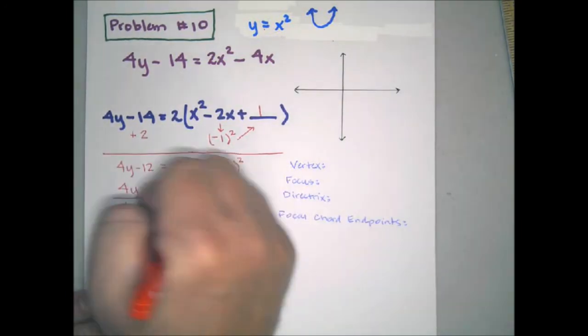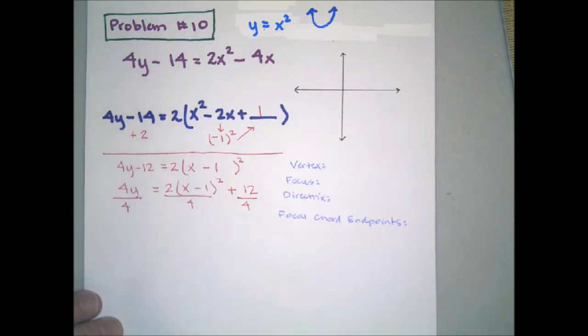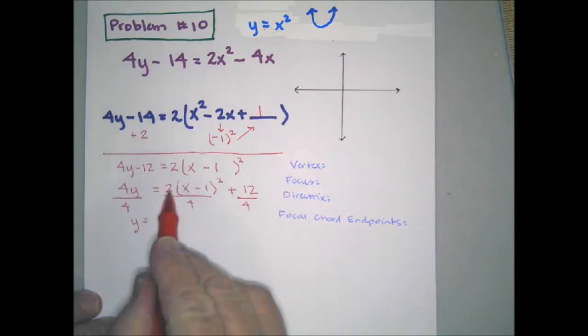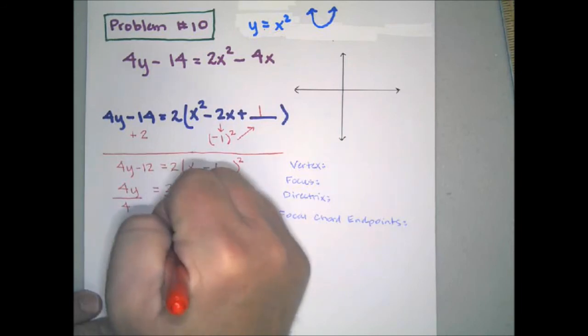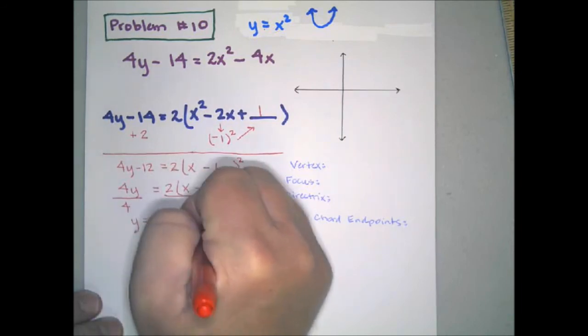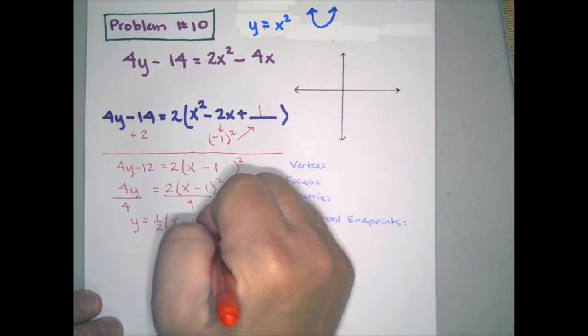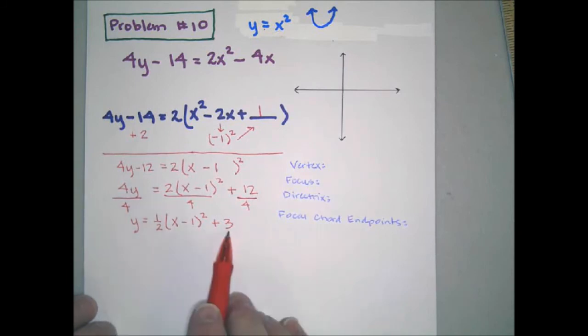Both of these terms get divided by 4. And now I have y equals, now 2 over 4 is 1/2, so that's the leading coefficient of my x minus 1 squared. But 12 over 4 is 3, so plus 3. So there's my final equation in its descriptive form.